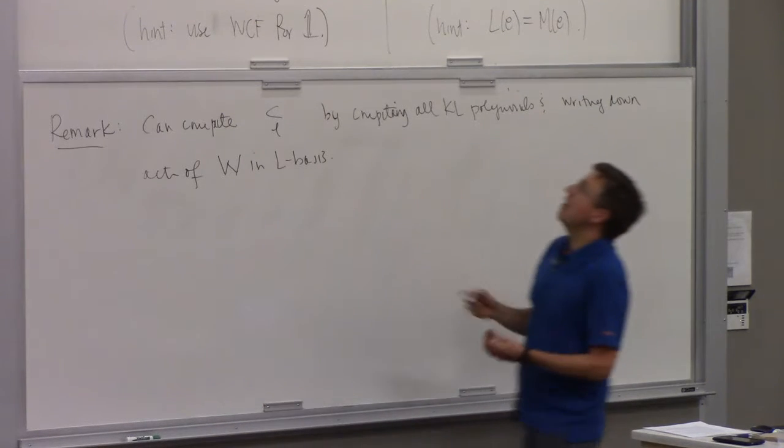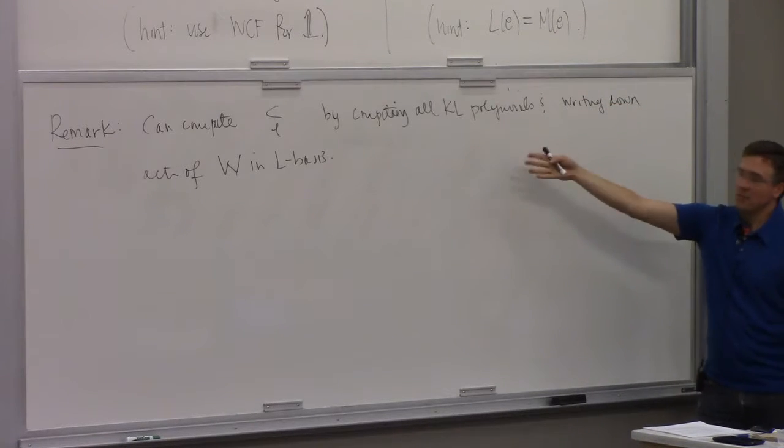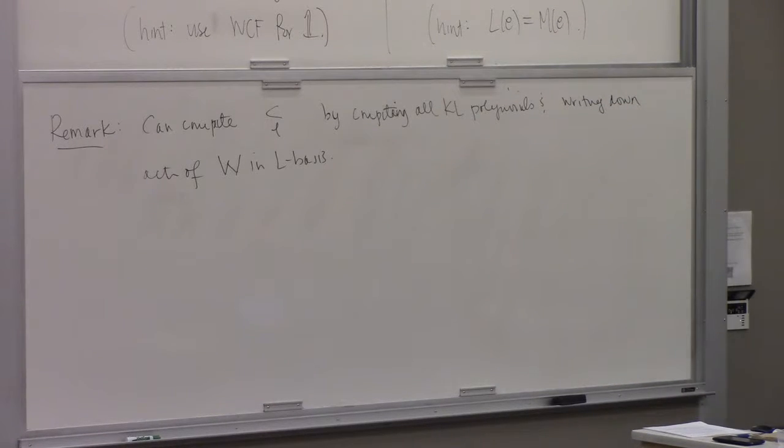That would be the most obvious thing to do. You compute the change of basis matrix between the L's and the M's. The only way you know how to do that is by computing KL polynomials, evaluating them at 1, and then just work out the definition in terms of that basis, which you now have a handle on.